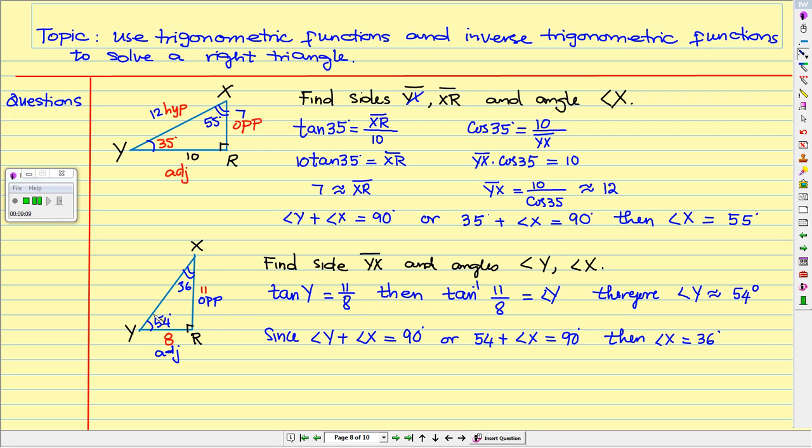Next, we still have one more side that we need to find, which is the hypotenuse, the side YX. To find the side YX, we are going to use the Pythagorean theorem.